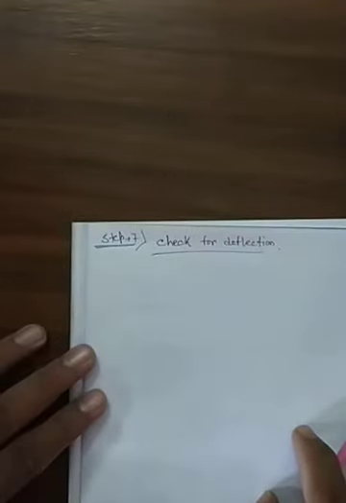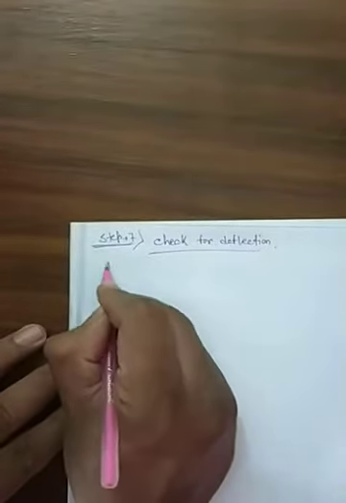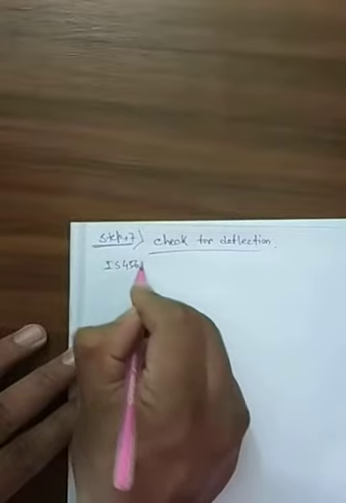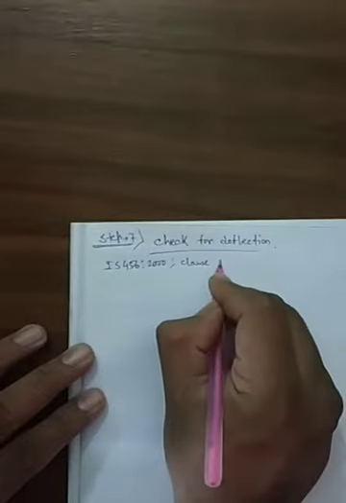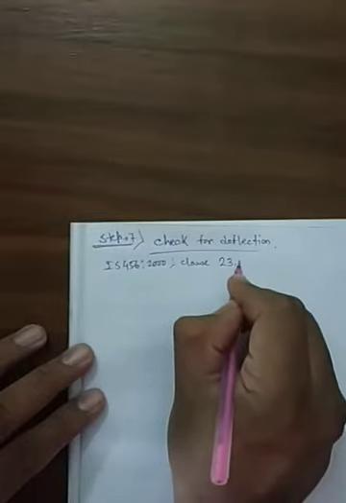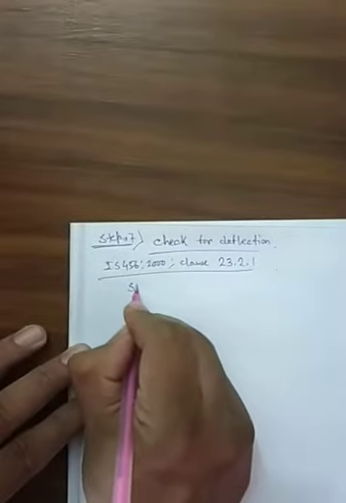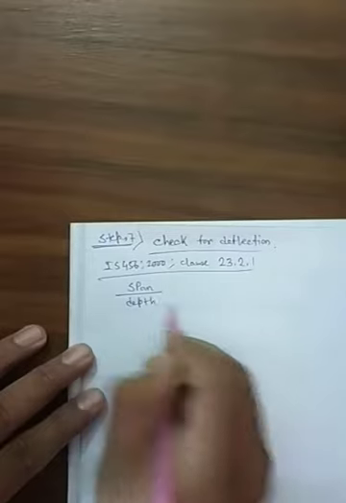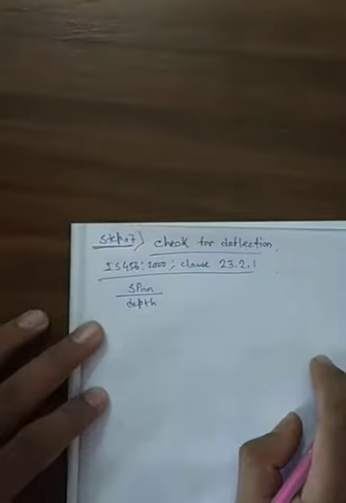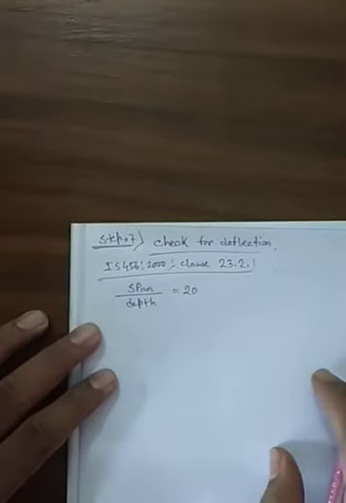From IS 456 2000 clause number 23.2.1, we can say span by depth is equal to 20 in case of simply supported beam.